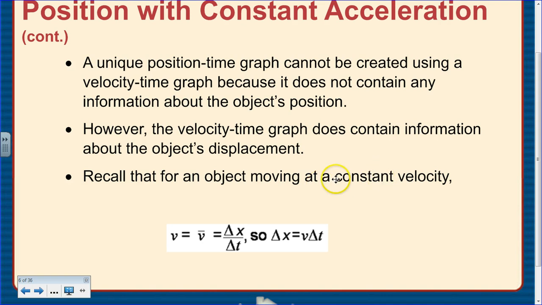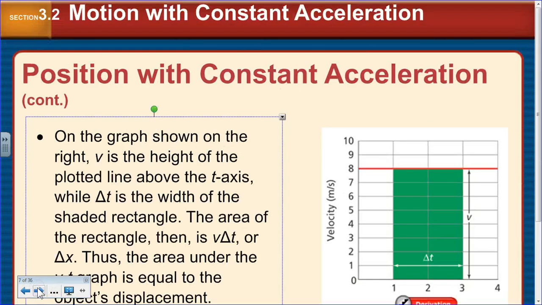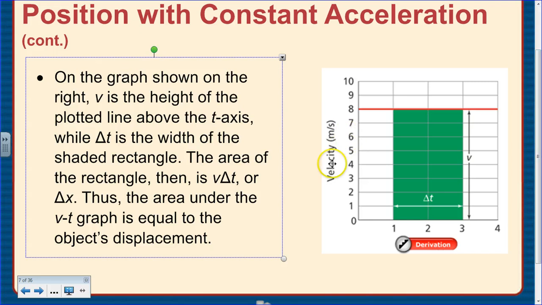Recall that for an object moving at constant velocity, it's basically change in x over change in t, change in position over change in time. If we graph that out on a velocity graph, here we have a constant velocity, in other words, zero acceleration.